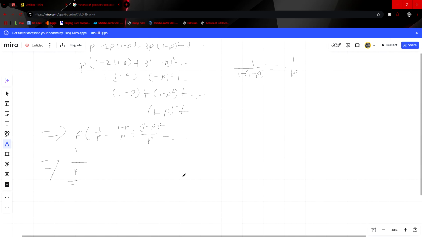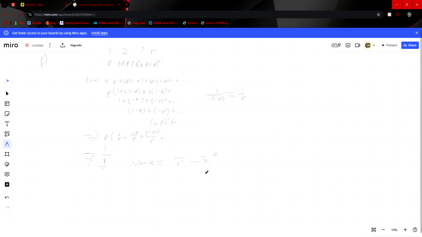Yeah. So I could write it like that: the mean of x squared minus the mean of x, squared. So that's the variance, and you can do a similar sort of thing here.